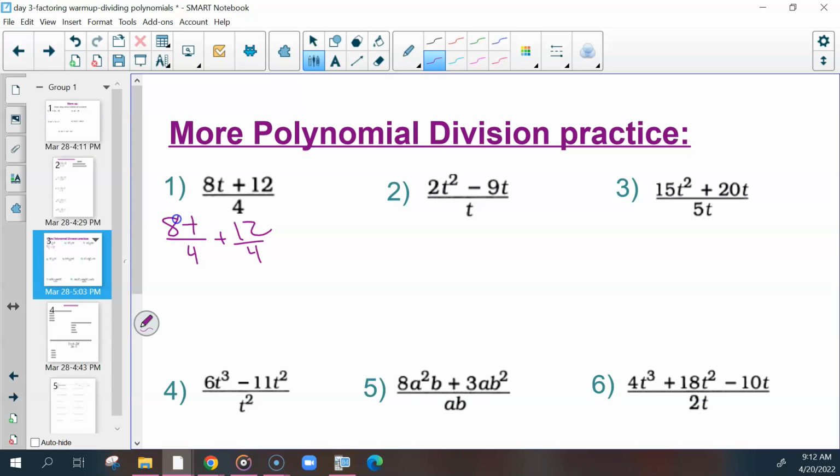That way you're dividing each piece by the denominator. And then simplify. 8t over 4 would give us 2t. And 12 over 4 is 3. Just 3. There's nothing else I can do with that, so that's as simplified as possible.